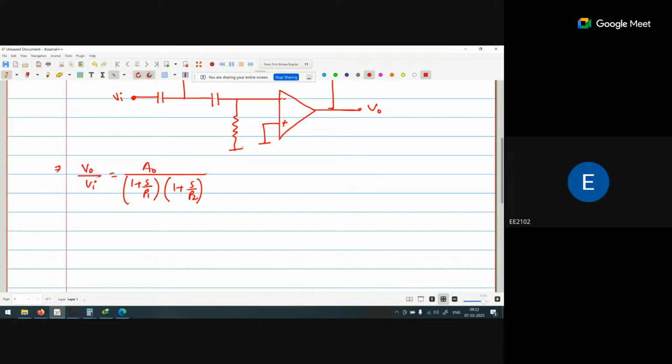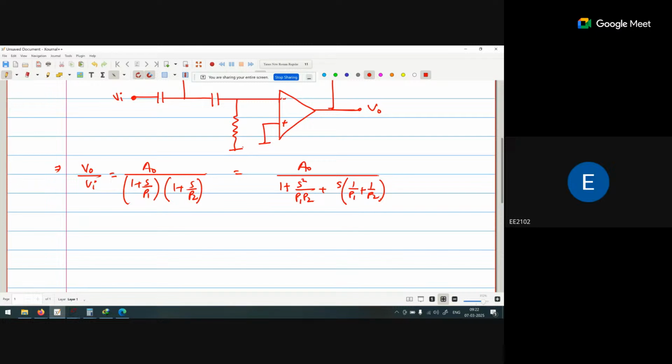Okay, now if I multiply this system, or basically find the equation, it becomes 1 plus S square upon P1 P2 plus S times (1 upon P1 plus 1 upon P2). Now we compare this equation with our standard equation.